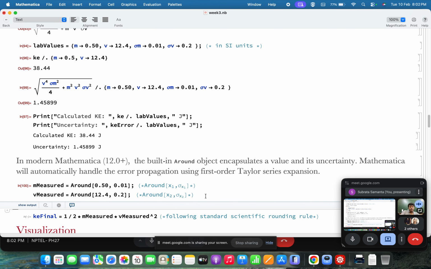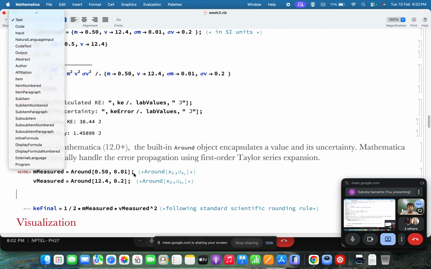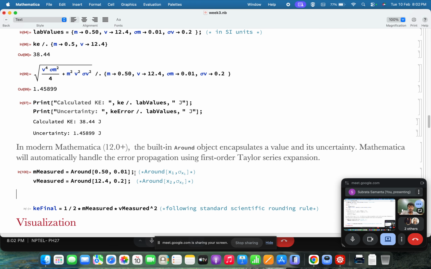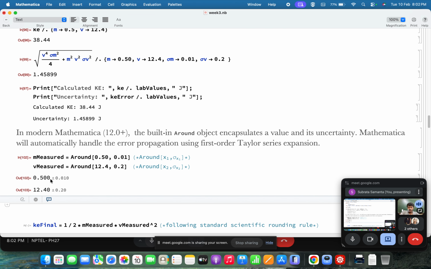Now you see, what is actually assigned? Let us say I remove these things, then it shows what the values are. So, you see, it is 0.5 plus minus 0.01. This is basically encoded in this format in the around function.